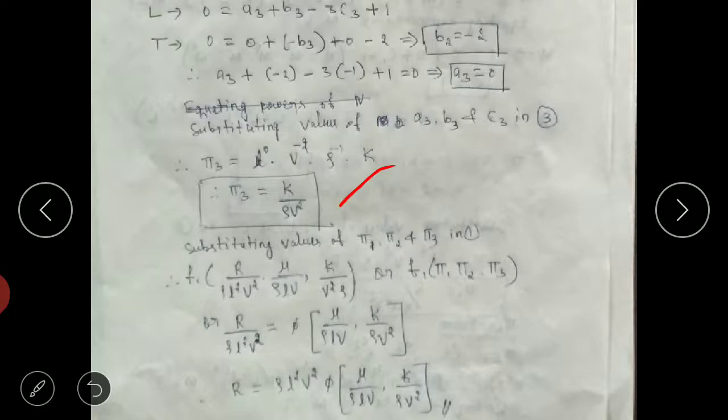Then depending on the requirement of the answer, you can rearrange and write pi 1 is a function f1 of pi 2, pi 3, or f1 of pi 1, pi 2, pi 3 is equal to 0, or you can rearrange as you want. So it is rearranged like this. Here r divided by rho l square v square is equal to a function of mu divided by rho lv, and k divided by rho v square.